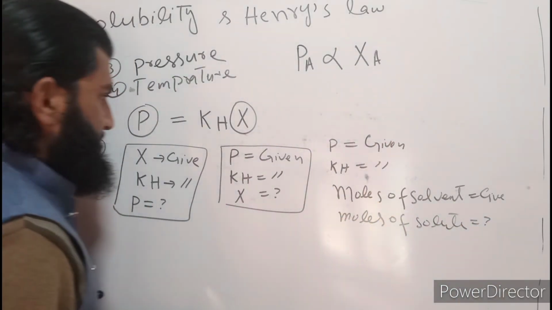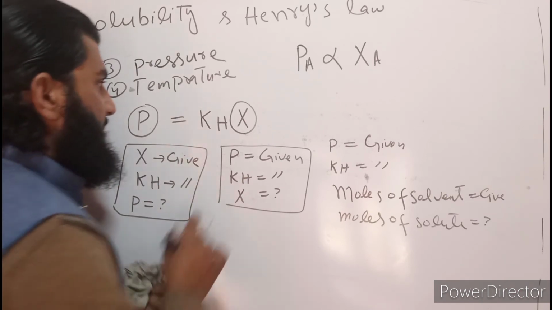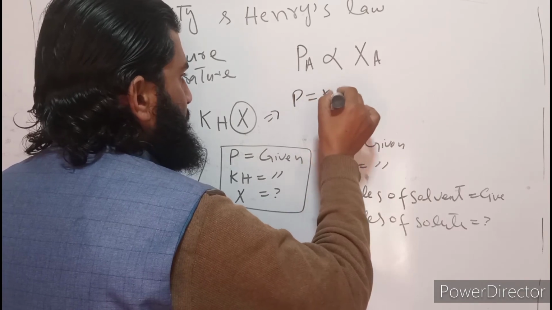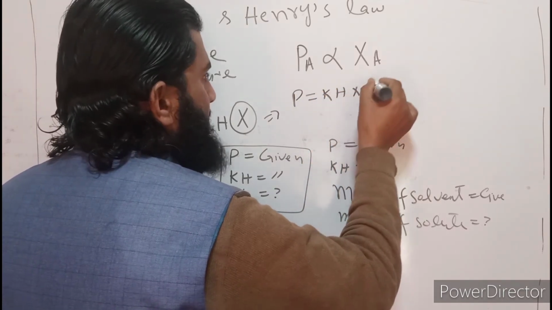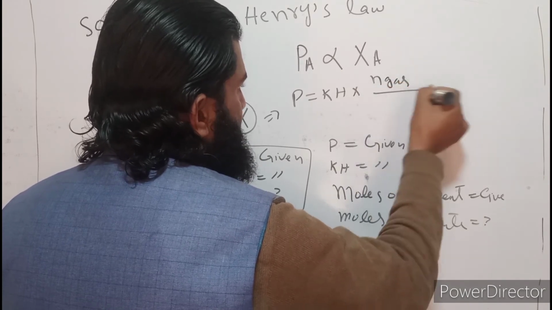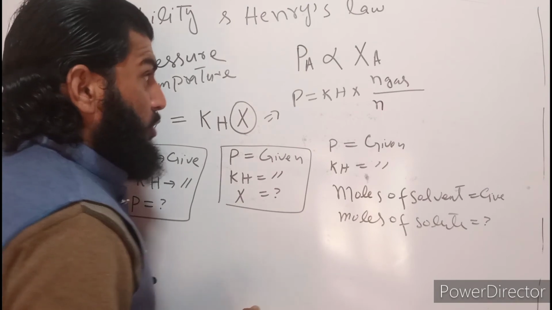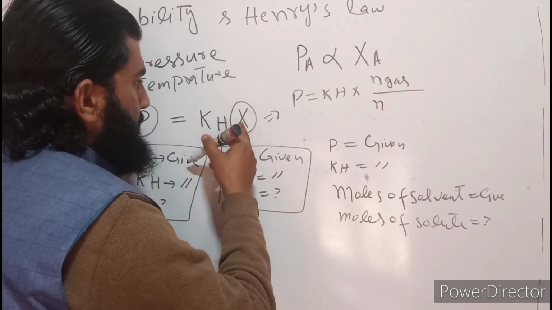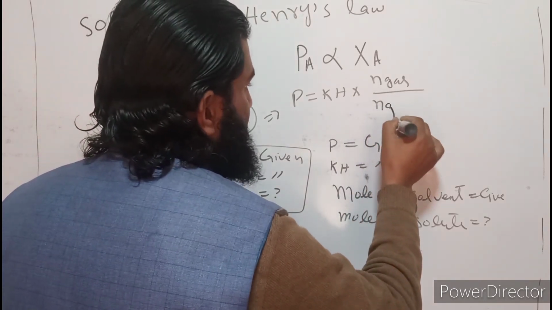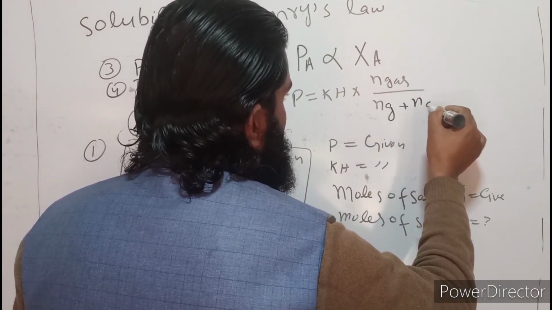So what will be its structure? Partial vapor pressure is equal to kh multiplied by the mole fraction, that is moles of gas divided by moles of gas plus moles of solvent.